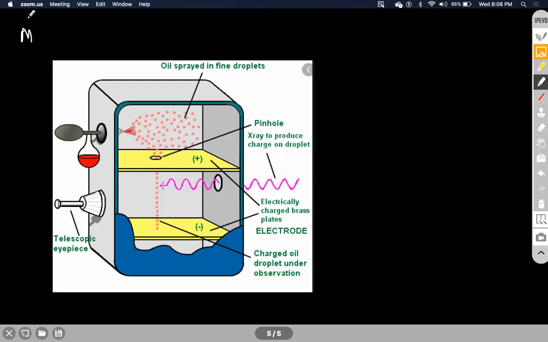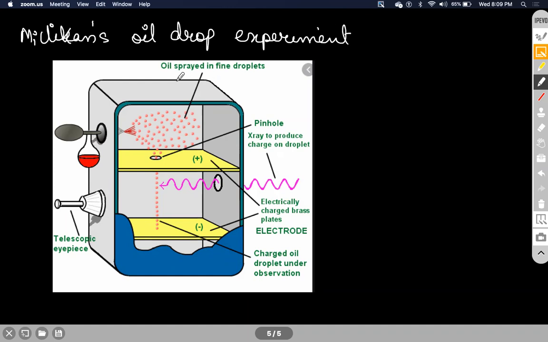Okay, so what was done? Now, try to understand. Oil was taken in this setup, which you can see right now in front of you.